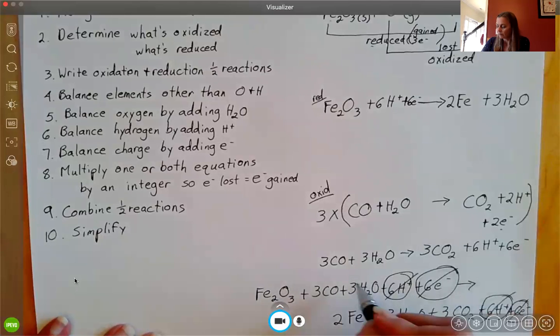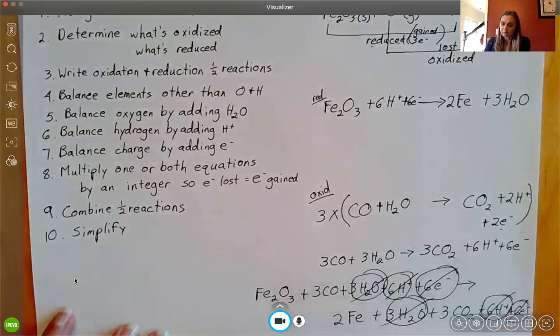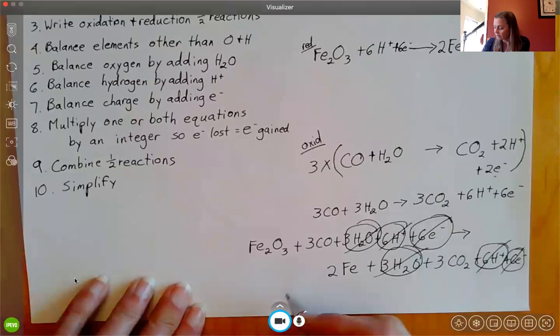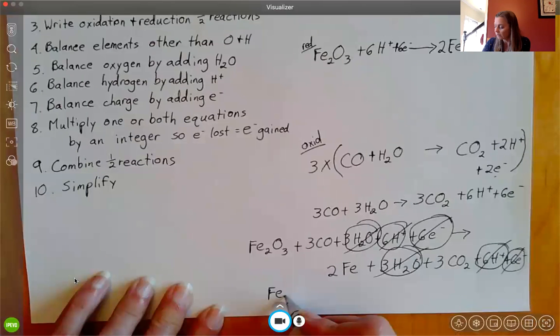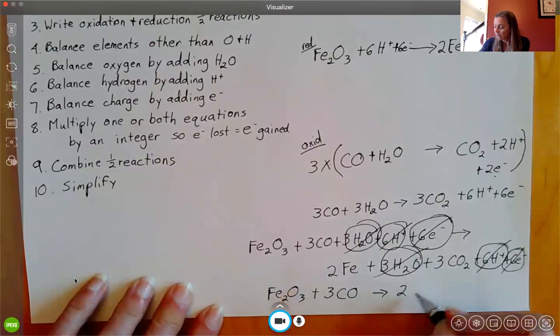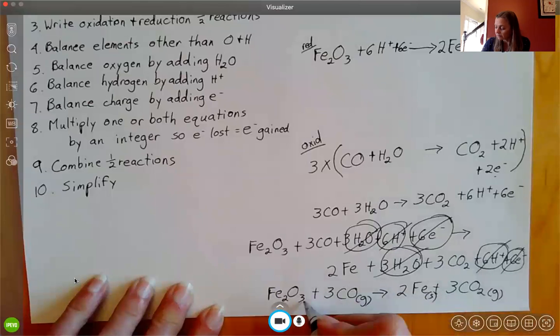We have 3 waters on the product side and 3 waters on the reactant side. Simplify and get rid of them, so that our final equation is iron 3 oxide plus 3 carbon monoxide yields 2 iron plus 3 carbon dioxide. And this is a gas, and this is a solid, and this is a gas, and this is a solid.